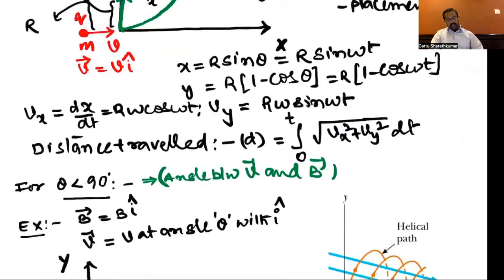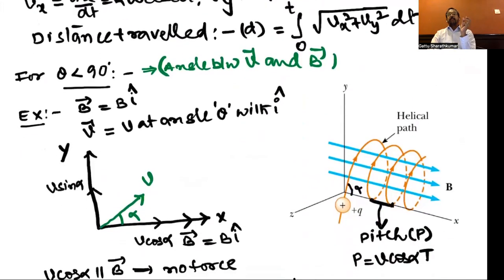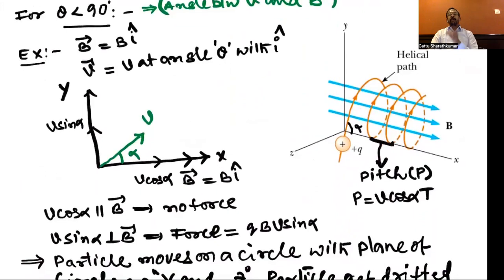And if theta is less than 90 degree, let us take that angle between velocity vector and B bar as some alpha, which is less than 90 degree. If it is less than 90 degree, then your particle moves on a helical path. It will be moving on a circular path in the plane of negative z and y, if it is shot in the xy plane and the magnetic field is along x-axis.